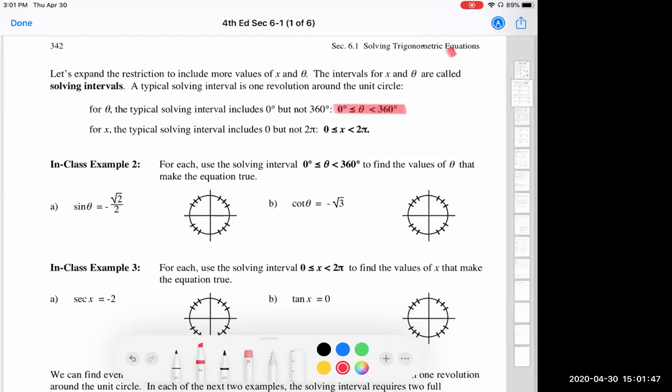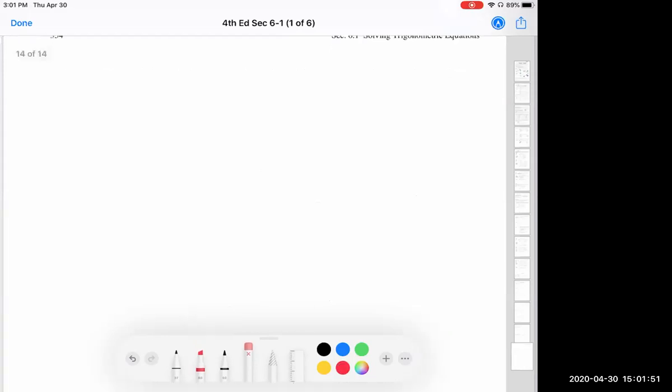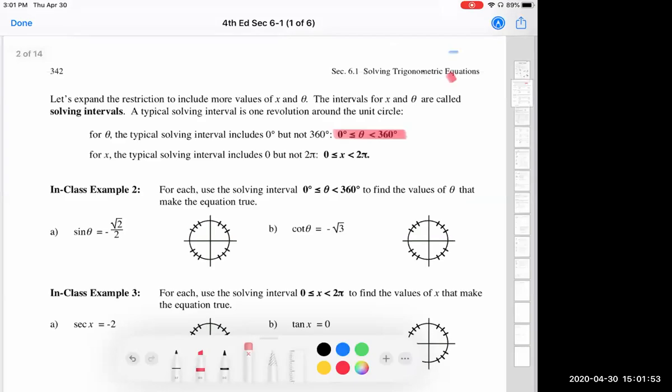So it's telling us to go from 0 to 360. But notice how that 360 does not have an equal to. Same thing for radians. For x, the typical solving interval includes 0, but does not include 2pi. So we write it this way, from 0 to 2pi, but we don't write it equal to on the inequality for 2pi.